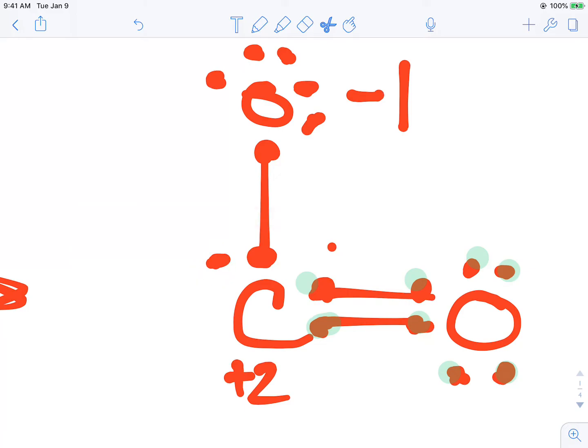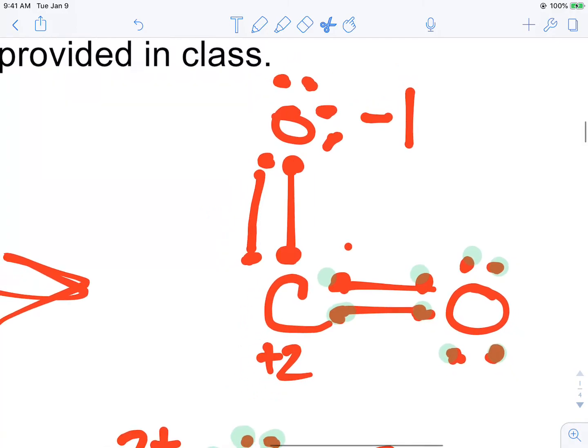And so what I mean by that is we're going to take this guy, move him down here, and this can form a double bond. Now, don't get too caught up on the fact that that happened. These are advanced rules for upper level chemistry, but that's just a brief explanation of the why. And why did that happen in the first place? Because it wasn't stable. The +2 and the -1 did not balance out.